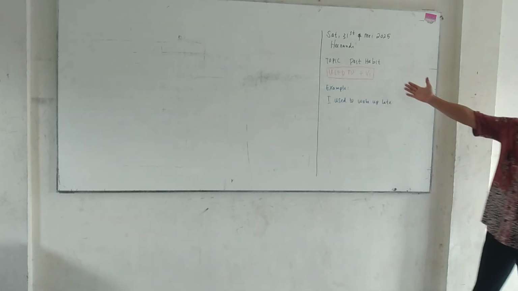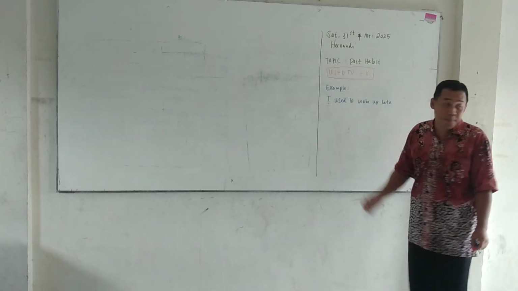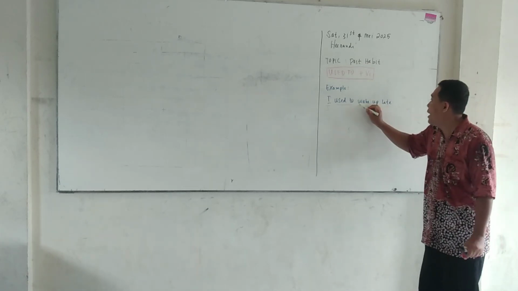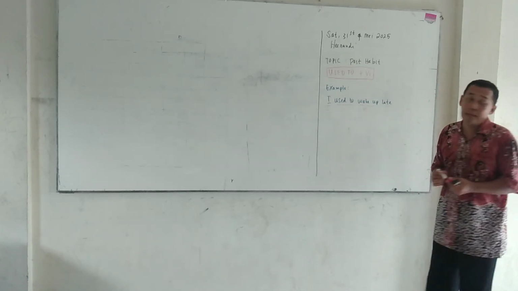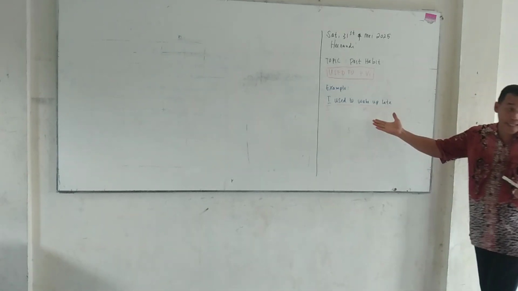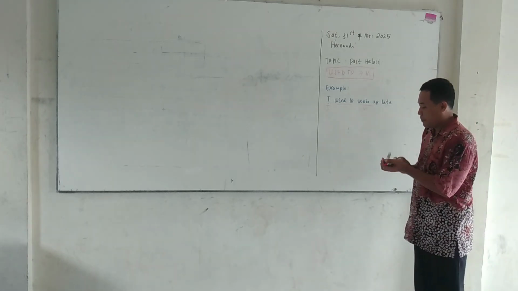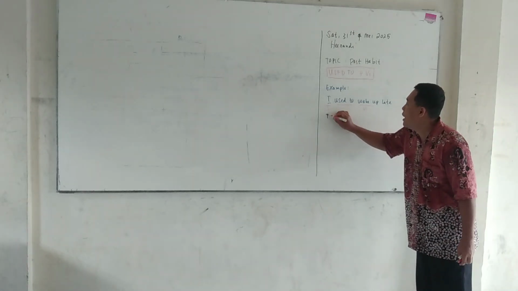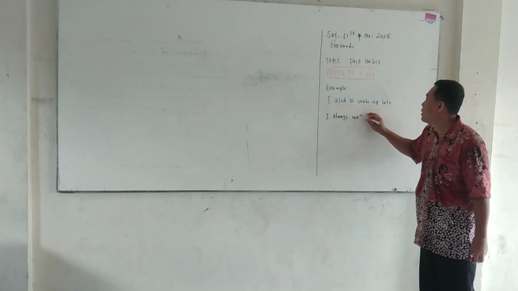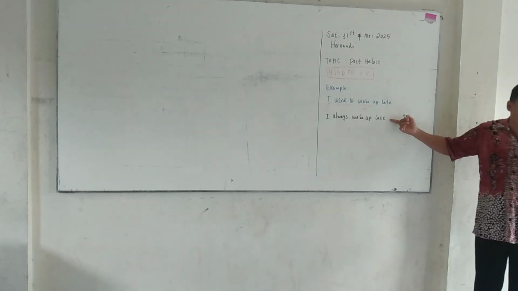Please have a look at the whiteboard. Here we've got I as the subject, used to is the form, and wake up is the verb one. So this example has the same meaning with this one: I always woke up late.